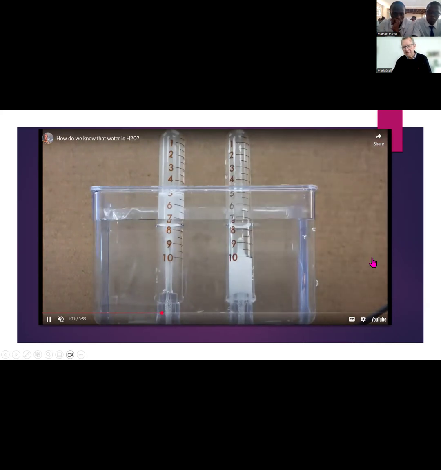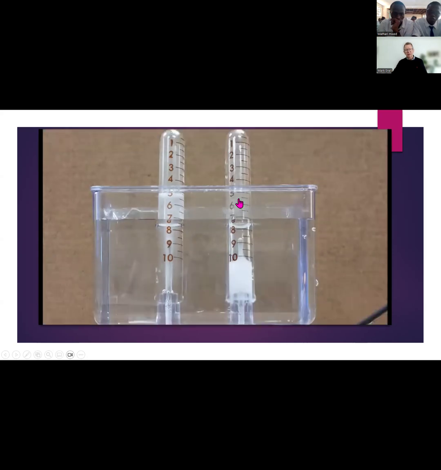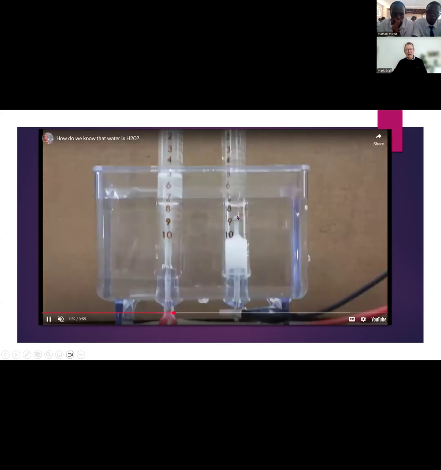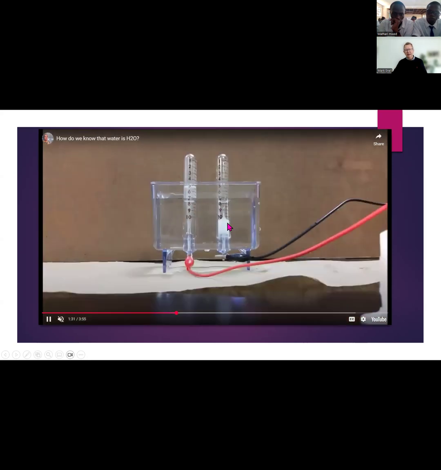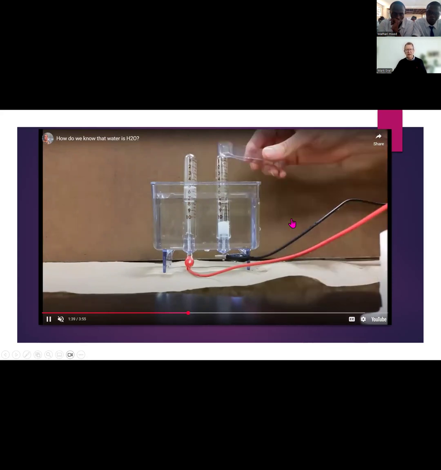Now we can test the gases. We can test the gases by just taking the tube out and trying to set light to it. That's the best way of testing this gas here, because the one on the right is likely to be hydrogen. We'll see why in just a minute.